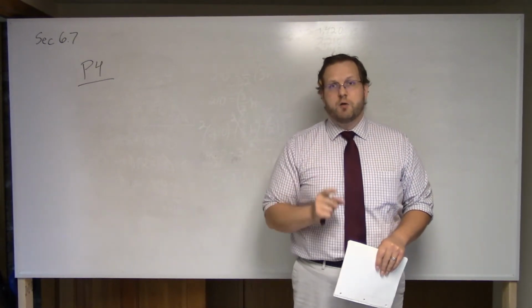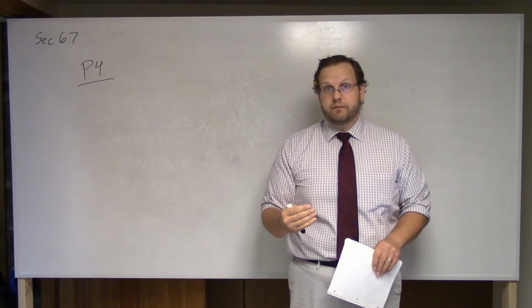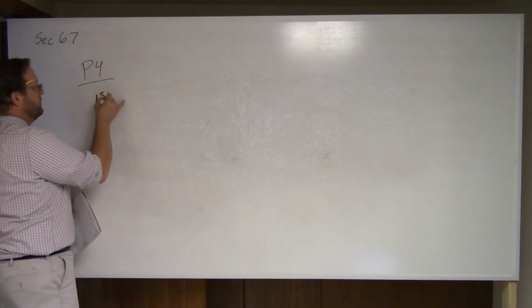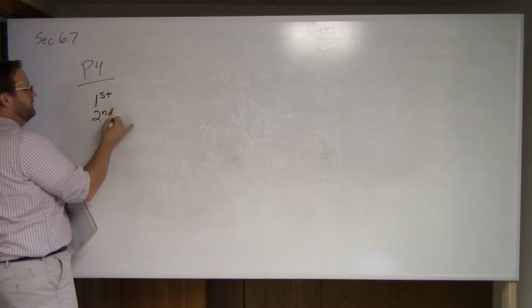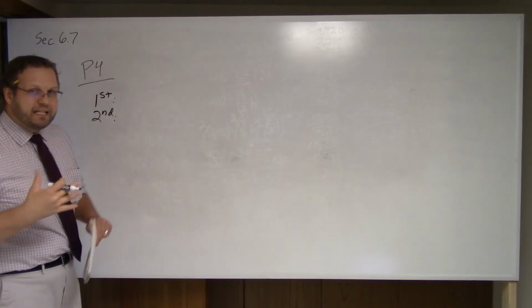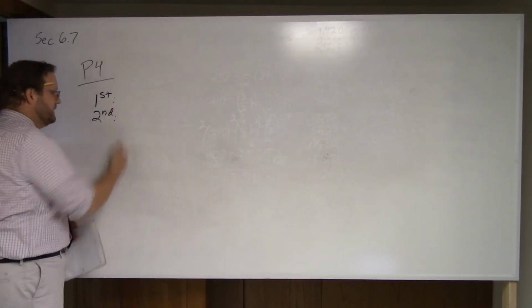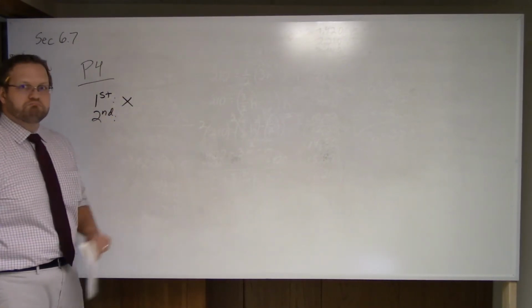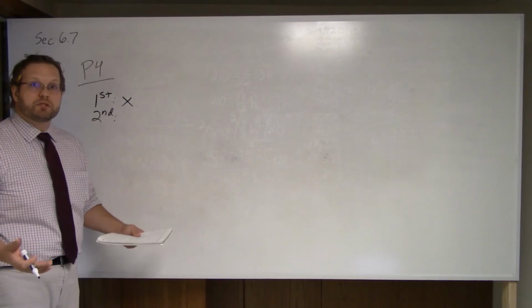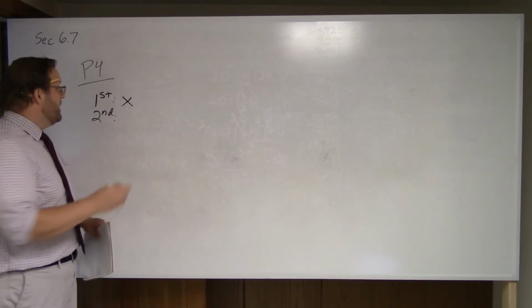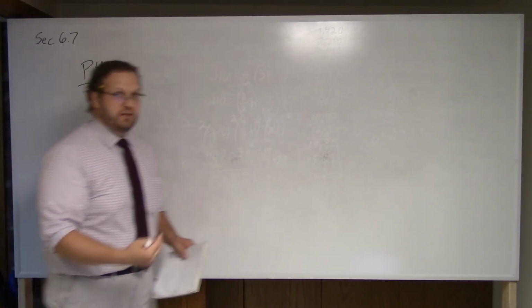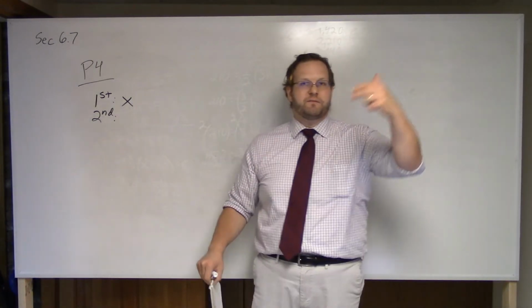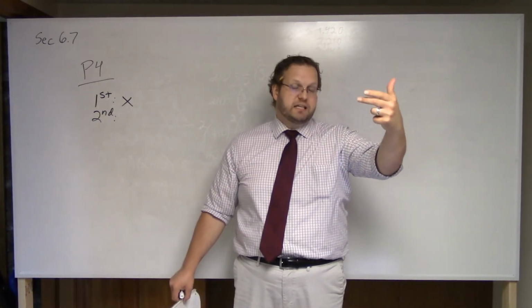The first thing I always like to do is just list how many we have. If we're talking about two, we have a first and we have a second. Any consecutive integer type problem, list how many you have first, and you always start with some unknown number. I don't know where I'm starting, but I'm starting there. If I start at 5, then my next consecutive number would be 6.